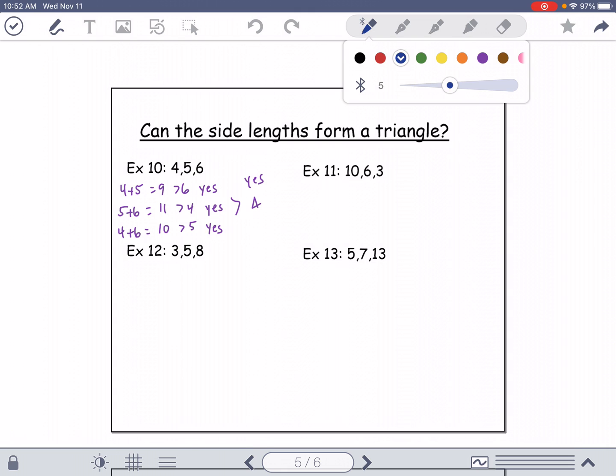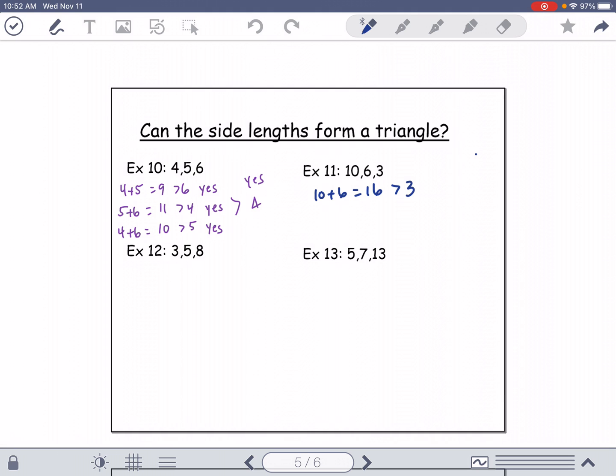All right, our next example. I've got sides 10, 6, and 3. So 10 plus 6 equals 16. Is 16 greater than 3? Why, yes, it is. All right, 6 plus 3 is 9.